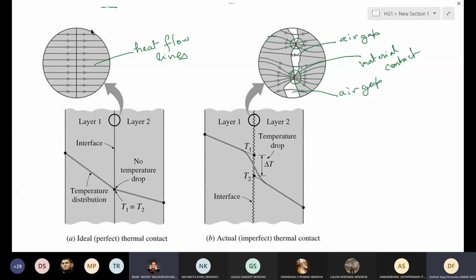Okay. So if you remove that interface region here, then later it will become straight lines again. But at the interface, you can see that they are coming closer and passing through the contact region. What it tells you is that more heat transfer will take place through the contact region.